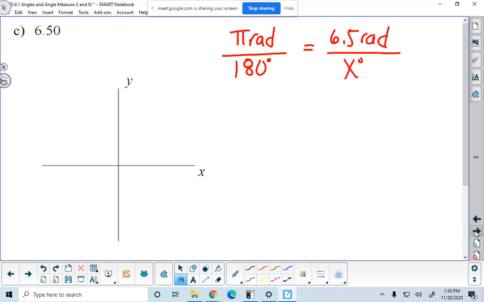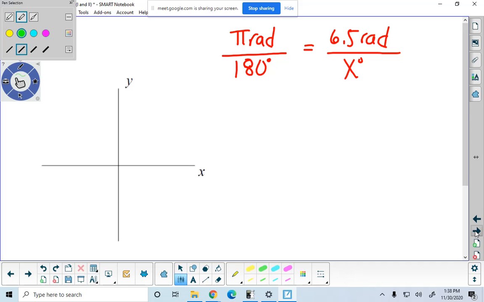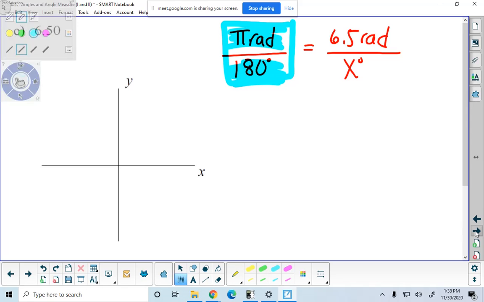When you set up your ratio, notice, I don't want to spend too much time explaining cross multiplication and ratios, but I do think it's important. Notice that these two are in the same fraction because pi radians is the same as 180. Notice in the other fraction, I have 6.5 radians on the top because radians is on top of the left side. So now I cross multiply.